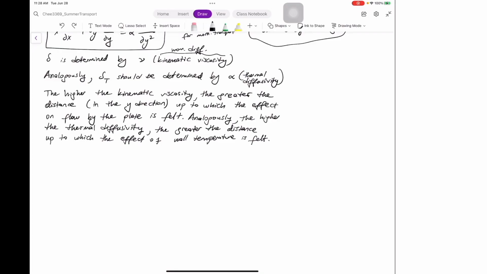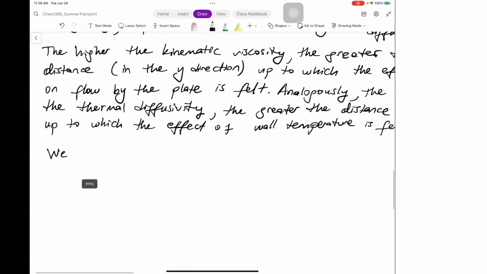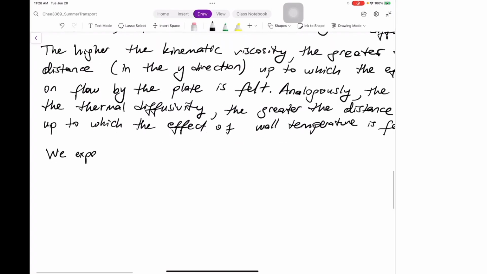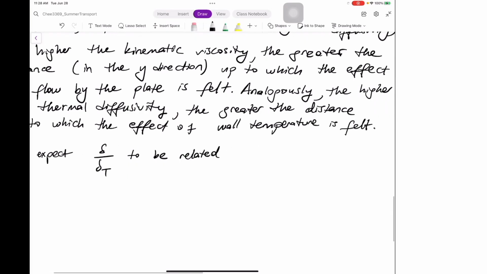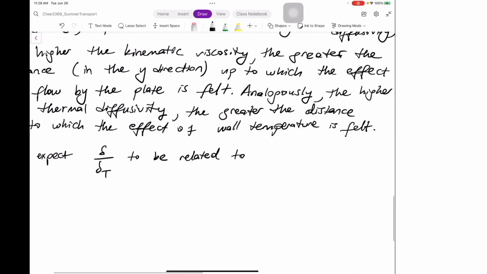So we expect delta over delta t to be related in some way, not necessarily proportional, to nu over alpha.